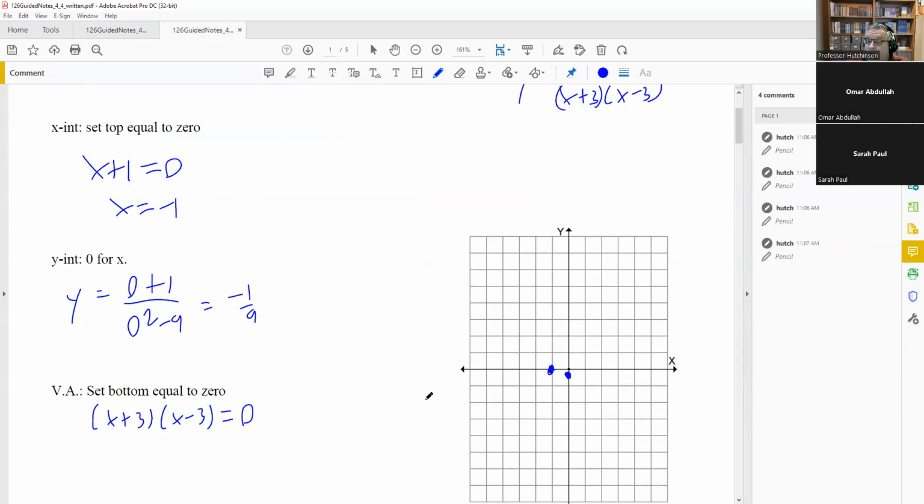Okay, so if we solve for that, we're going to get x is equal to -3, and x is equal to 3. What that would look like on the graph would be these vertical lines I'm going to put in. So I'm going to put vertical lines in for both of these. Okay, so we have that.